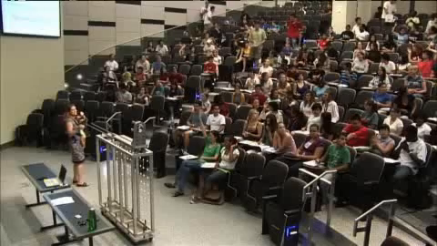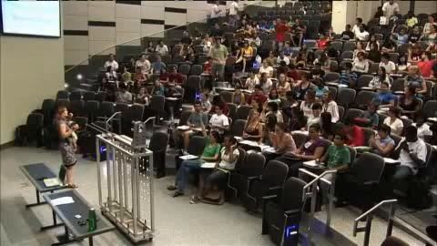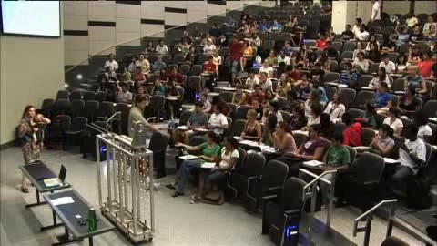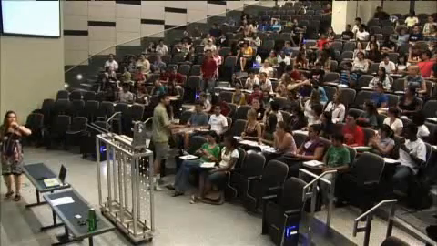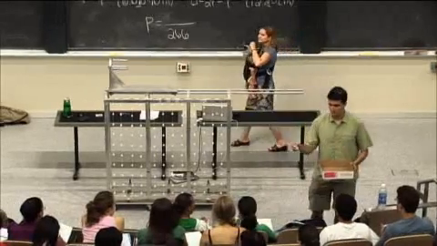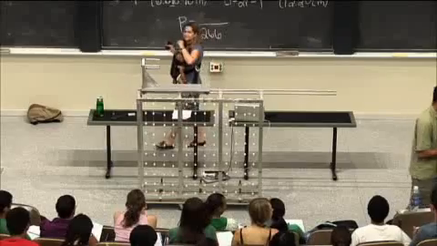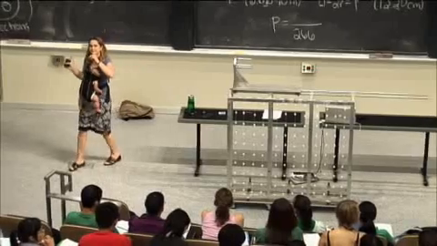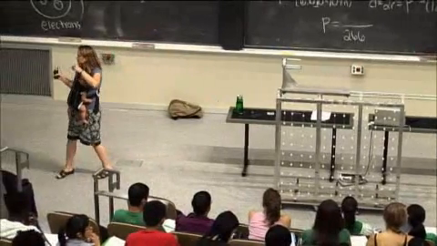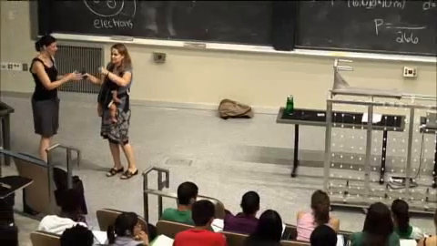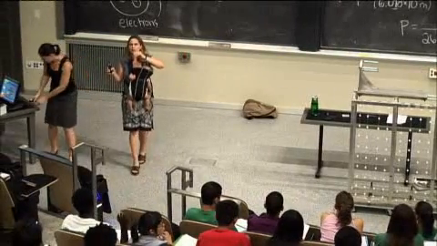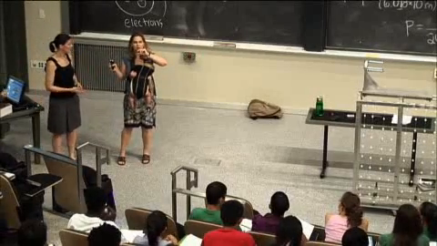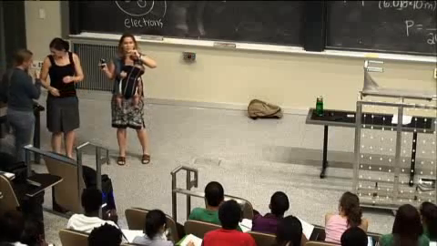Okay. Any questions before we get started? All right, so we'll come around and get ping pong balls to the rest of you. Those of you who have your ping pong balls can now begin the experiment.